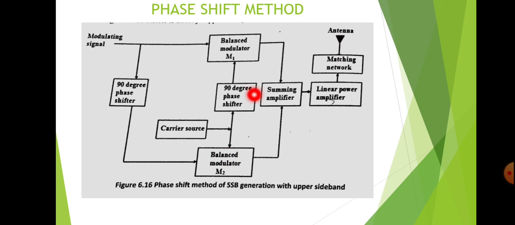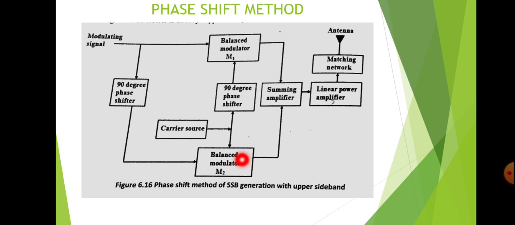At the output, you know that the balanced modulator output will be a double sideband suppressed carrier signal. That means we will receive DSB-SC signals. We will do the mathematical analysis, then you will get the concept clear. Here there will be 90-degree phase shifted versions.